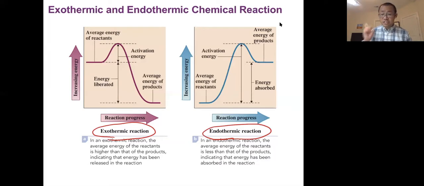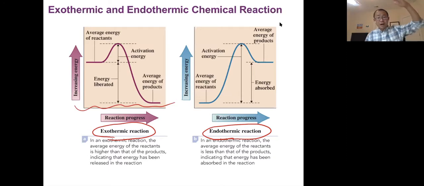And these 2 charts tell you why some reactions are endo, some reactions are exo. Take a look at the exo. The reason it is exothermic is because the energy of the product is lower.